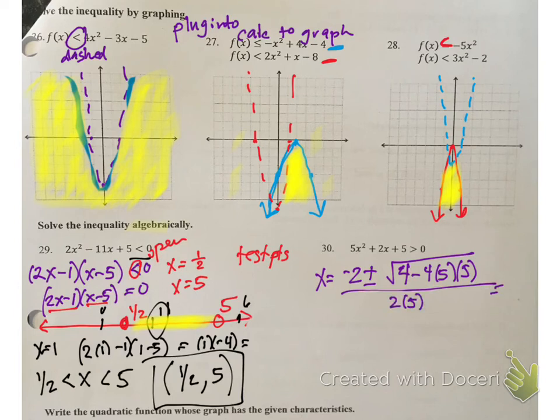Well, once you start figuring this out, or if you graphed it, you would see that this right here is actually a -96. -96, that means that you have imaginary solutions.